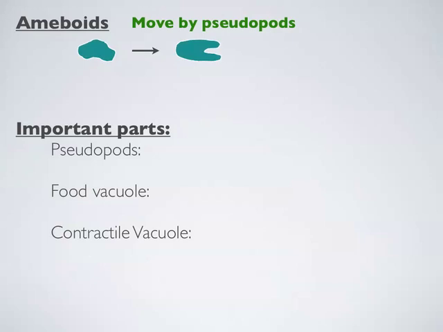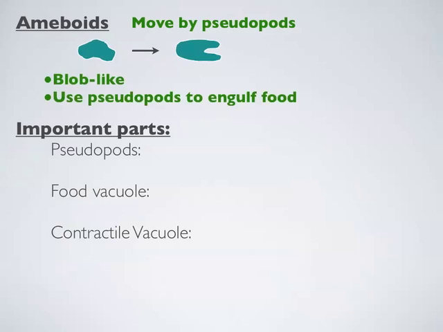When the amoeba is going to eat something, it basically sends out these pseudopods that surround whatever it's going to eat, and then they connect on the other side. What do they eat? They eat little pieces of plants, other protists, lots of different things. And so they basically just blob around their food source and engulf it.